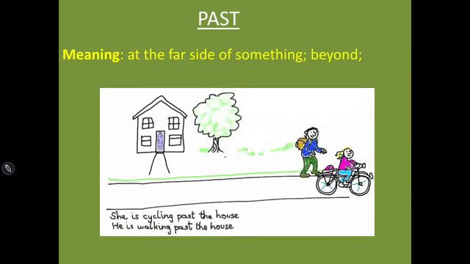Here we have a picture to elaborate it. In this picture you can see that there is a girl who is cycling and a boy. She is cycling past the house.